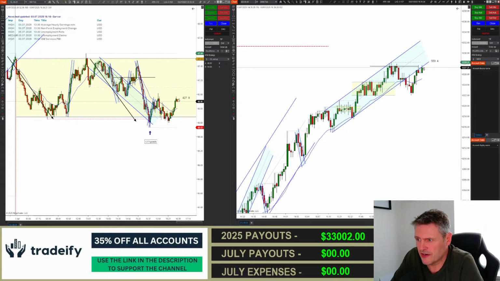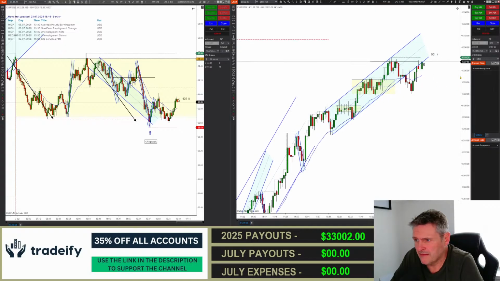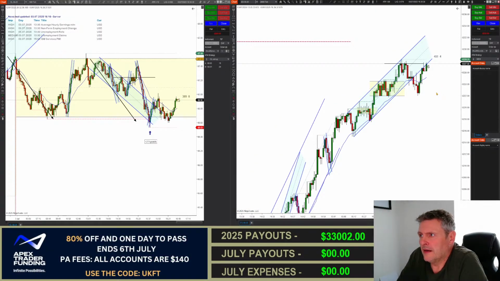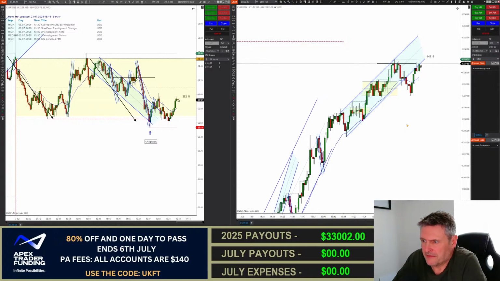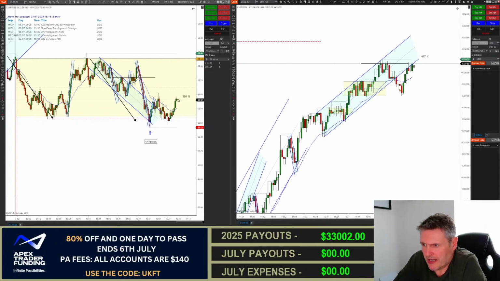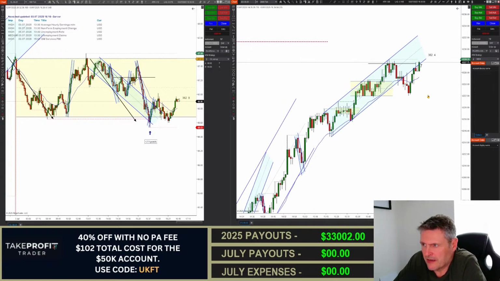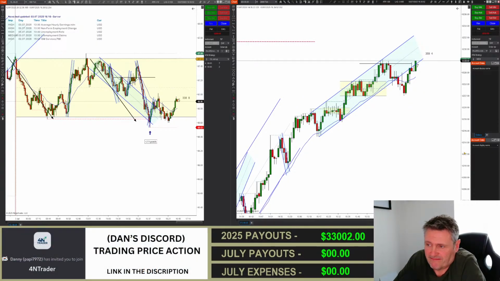Classic second entry long off the key entry point at the EMA. But there you go. Why did I re-enter? Because we had 2 legs down and I took that. And that'll happen a lot of times. So that looked more like 2 legs down, so I got in there. But it is what it is.